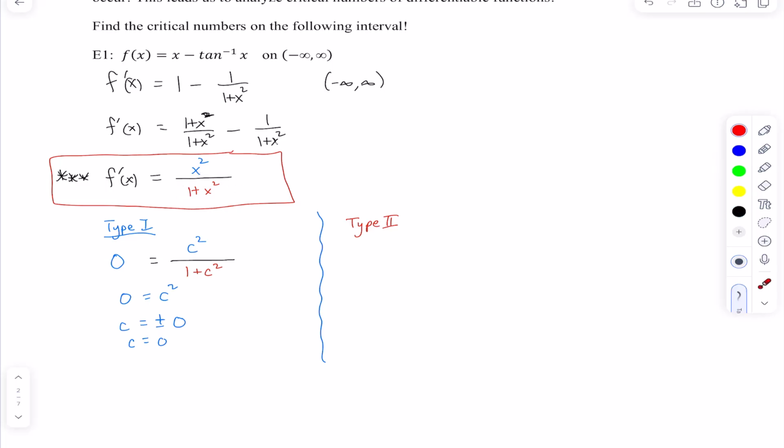So if you take the function and you set the denominator equal to 0, you end up solving this equation. In this case, there is no real solution. And we'll finish with, thus, there are no type 2 critical numbers.